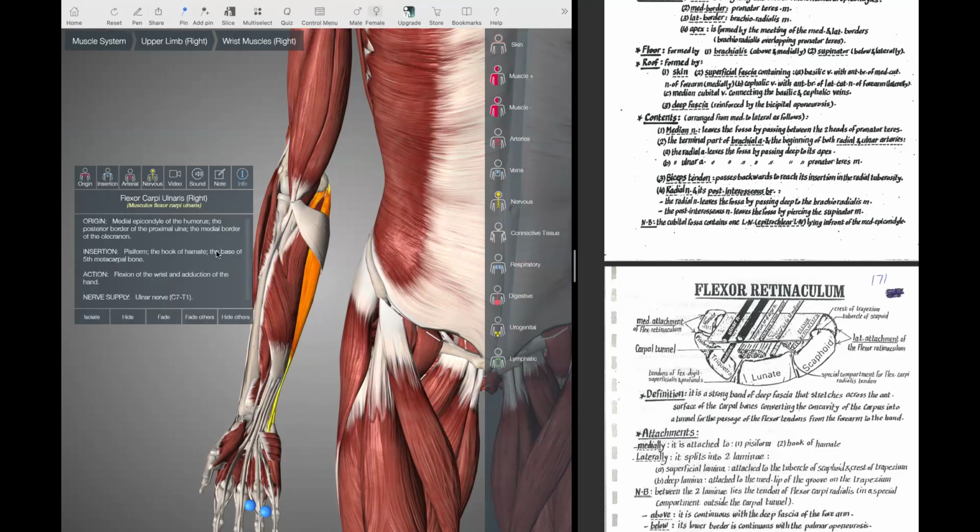That's the one. I brought it back. Origin, medial epicondyle. Insertion, pisiform and hook of hamate. Action, flexion of wrist, adduction of hand. Nerve supply, ulnar.